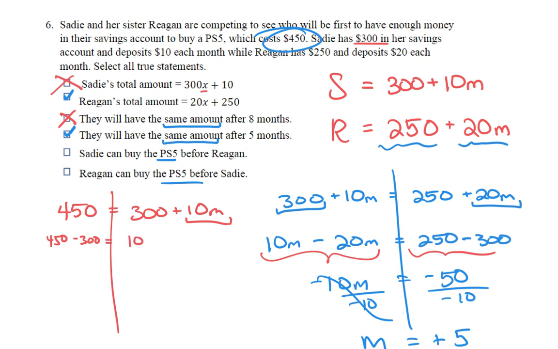Okay, the 10m was already by itself, so that's cool. All right, so I got 450 minus 300. I think that's 150. And we're going to have to divide. 150 divided by 10, 15 equals m. And remember that means months. So in 15 months, Sadie can buy a PlayStation.